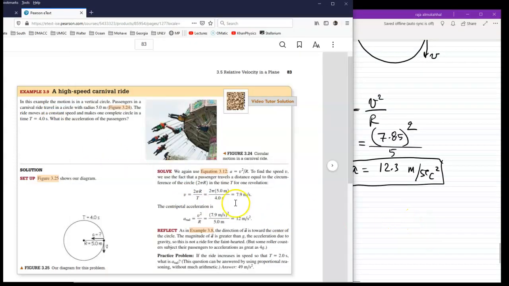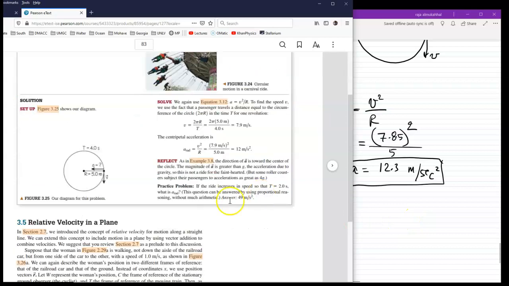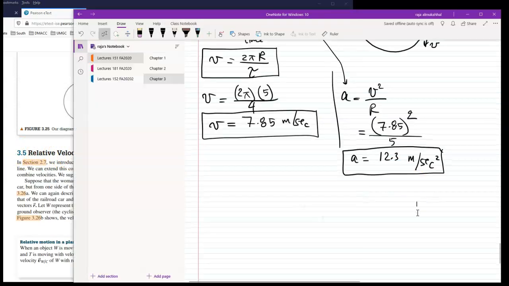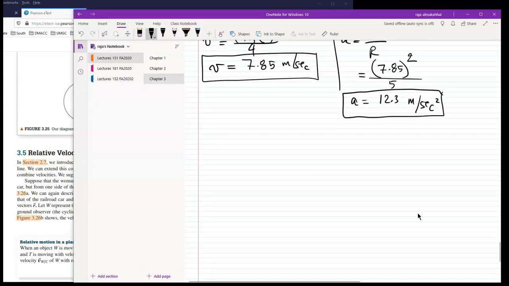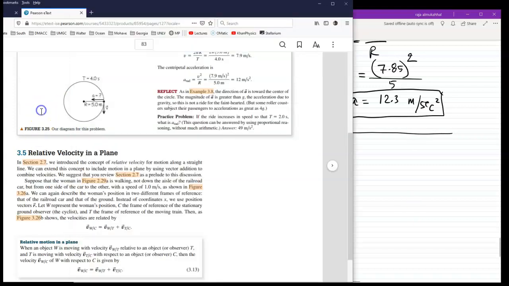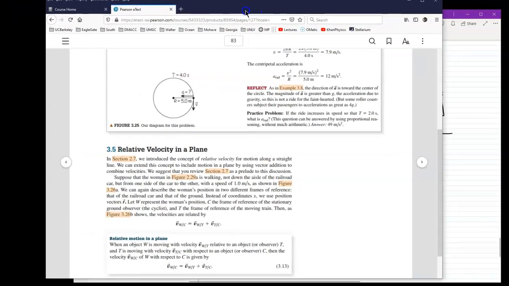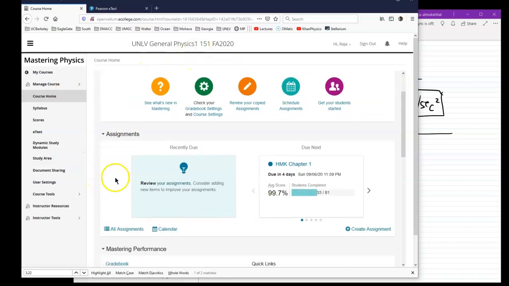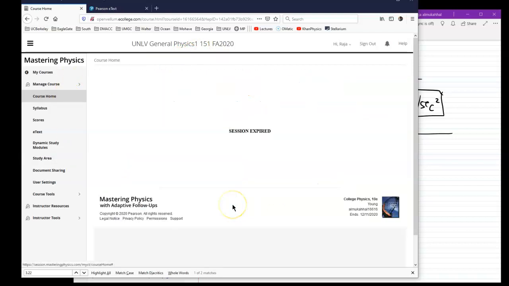Okay, next, let's do something. I'm basically done with the chapter. Again, please, we're not doing relative velocity in a plane. Let's do some homework. The homework problems that we have, let me show them to you on Mastering, 151. All assignments are there.